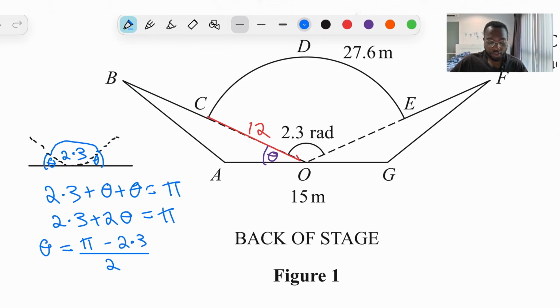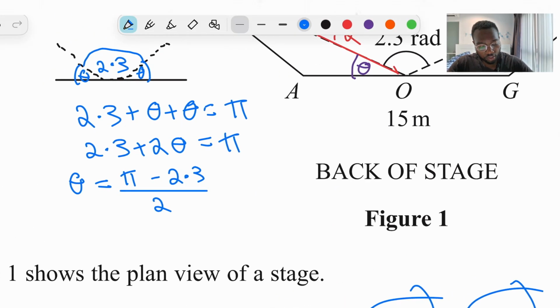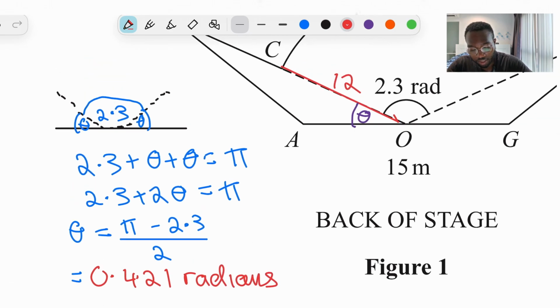If you put it into the calculator, the question wants it to 3 decimal places, you will get 0.421 radians. So we know that angle theta there is 0.421 radians.